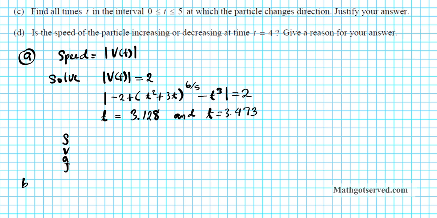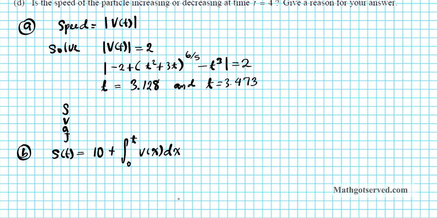So for part B, our position function s of t will be the initial distance when t is equal to 0, which is 10, plus the integral from 0 to any arbitrary t of the velocity function. The variables have to be different, so of the velocity function, v of x dx. Okay, so that's the setup.